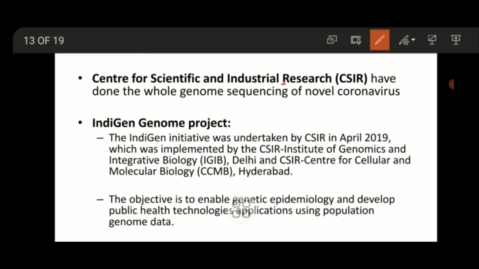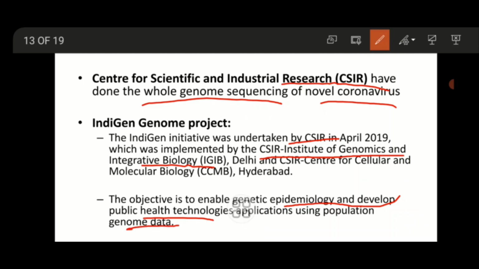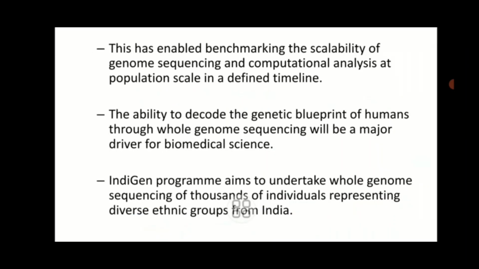Okay, and India's effort towards genome sequencing. The Council of Scientific and Industrial Research has done the whole genome sequencing for the novel coronavirus, and the IndiGen Genome Project was undertaken by CSIR, implemented by the CSIR Institute of Genomics and Integrative Biology, Delhi. The objective is to enable genetic epidemiology and develop public health technology applications using population genome data.